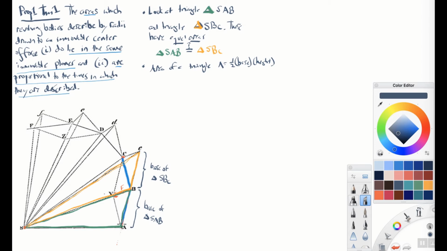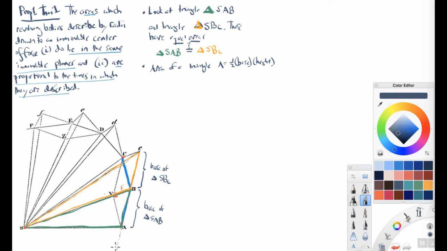So if this object was traveling in a straight line from A to B in some time interval, and if there was no force kicking it at point B, it would have gone during the same time interval the exact same distance, BC, right? So that's the principle of inertia. So they would have gone the exact same distances. So these two bases of these triangles are in fact equal. Now, what about their heights? Well, how do we think about the height? Remember the height of a triangle.